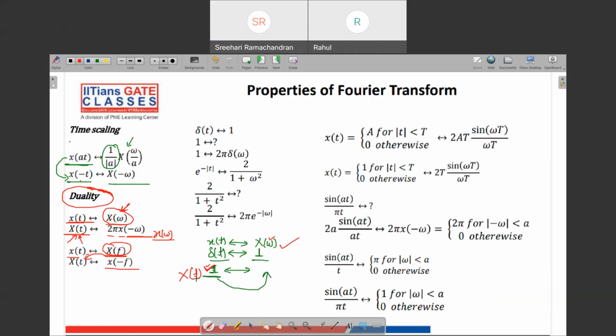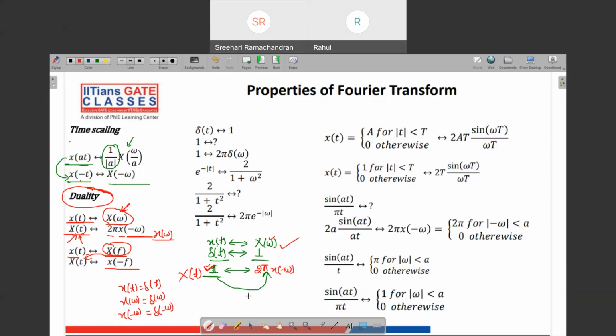Now for this signal, the Fourier transform will be equal to 2 pi x of minus omega. Here x of t is equal to delta t, so X of omega will be equal to delta of omega, and X of minus omega will be equal to delta of minus omega.